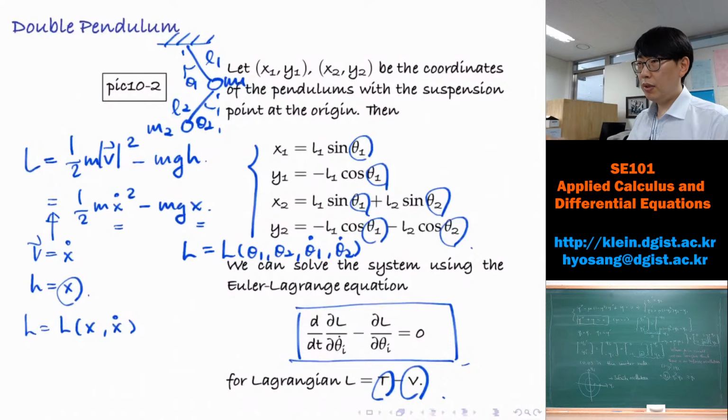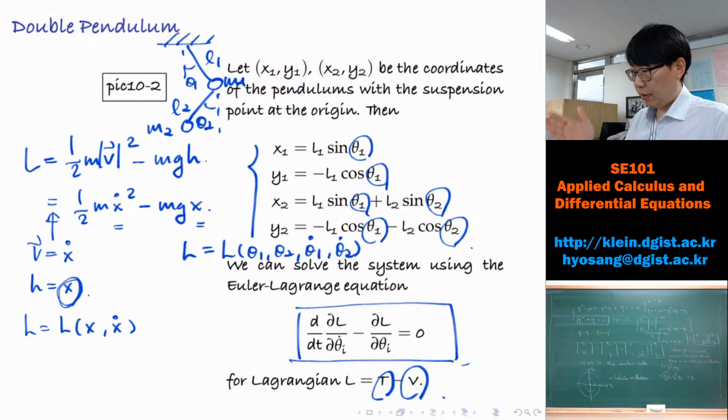When you determine the position of your object, sometimes you need two coordinates, x and y, right? So when I say the position x, it might consist of many other variables, like x1, x2, and so on. In the double pendulum case, the position is determined by theta 1 and theta 2.